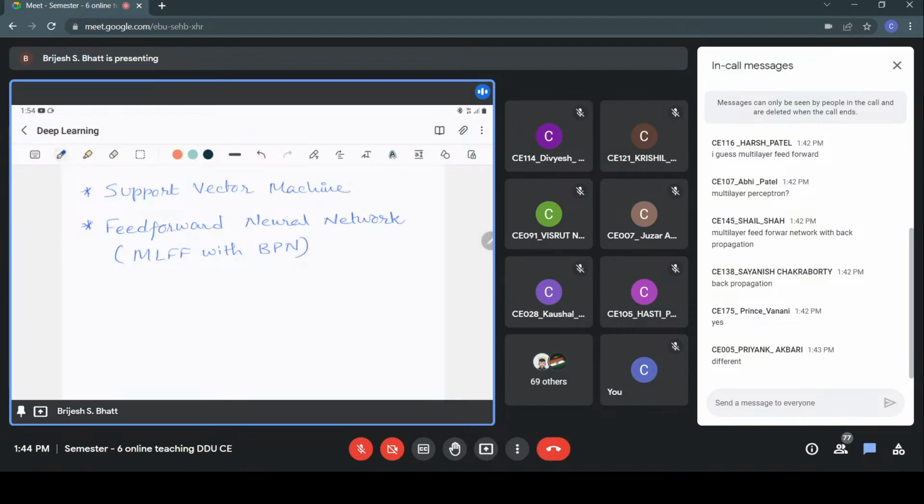So, okay, let me give you some idea. But before that, confirm SVM is done, right? SVM and this feed-forward network both are covered in class, right? I think Lakshmi madam has done this.